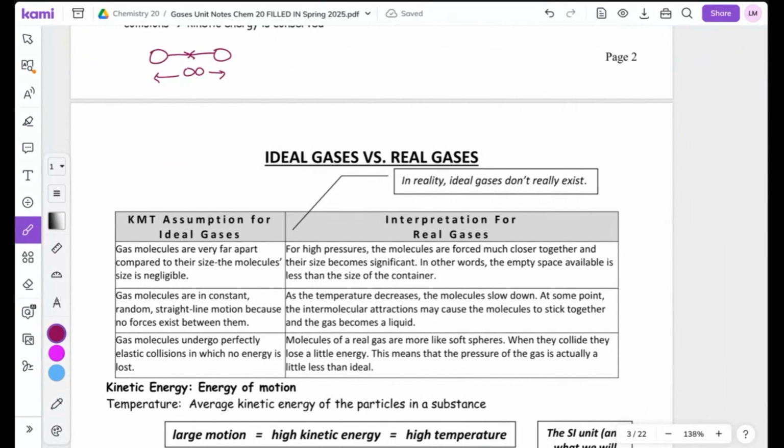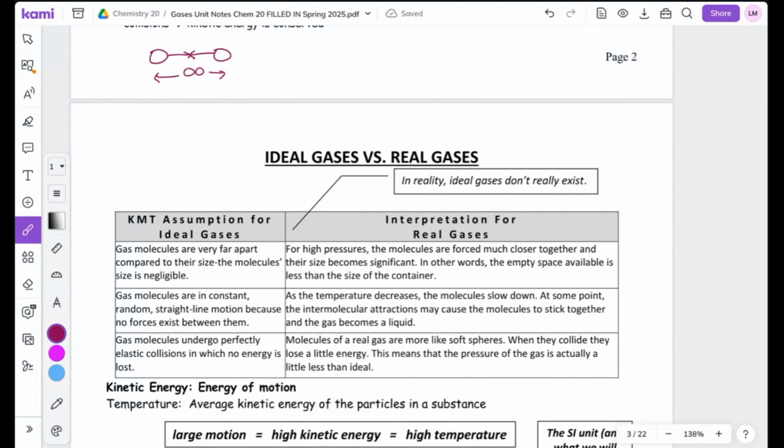Now, when we're doing calculations, oftentimes we are going to assume that we are working with ideal gases rather than real gases. The reason for this is just to make doing calculations a lot easier. And there are some assumptions that go with assuming that we're working with ideal gases.